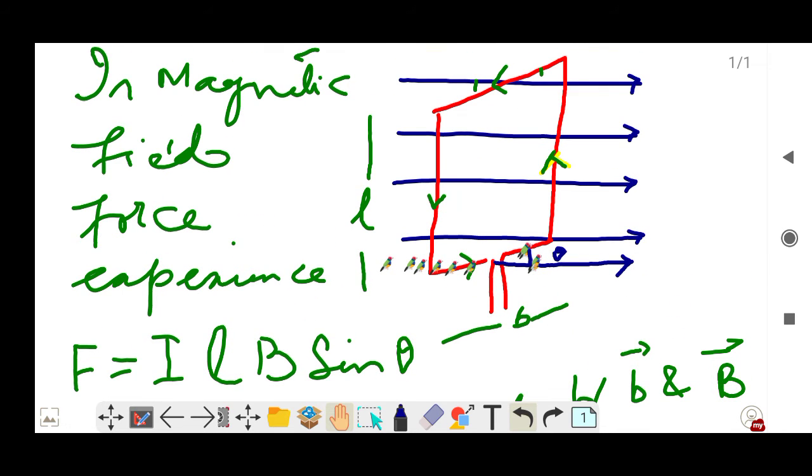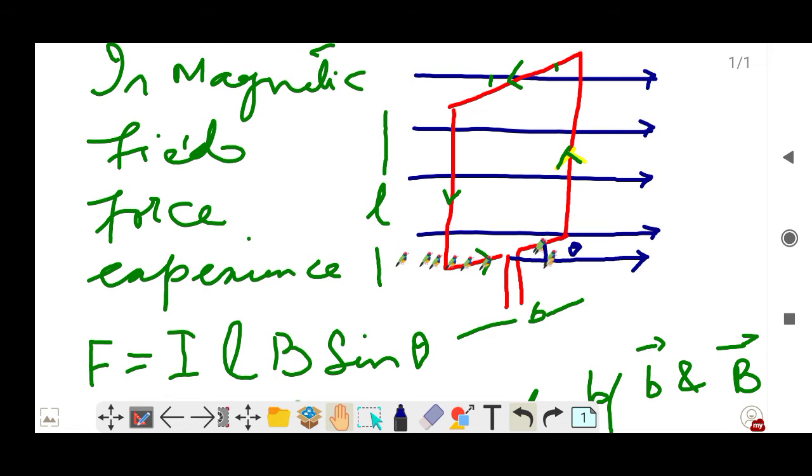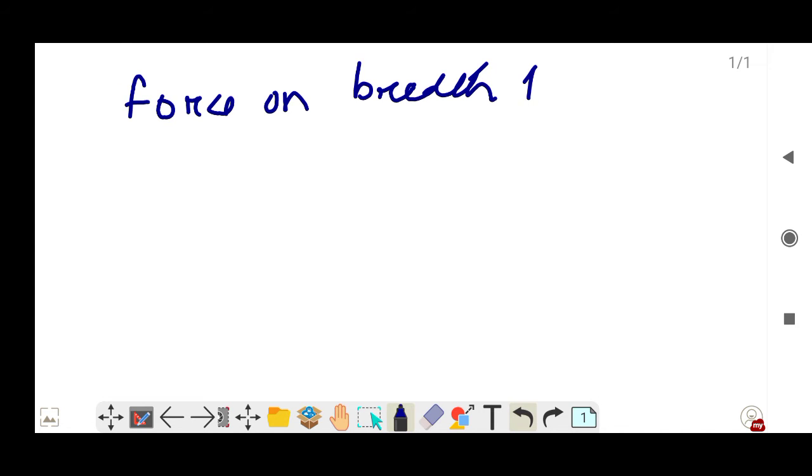I'll find out force on the breadths. Only thing is, I'll remember that they are having current in the opposite direction. In one, current is going this way, and in the other, the current is coming in the reverse direction. So I'll write force on breadth 1.